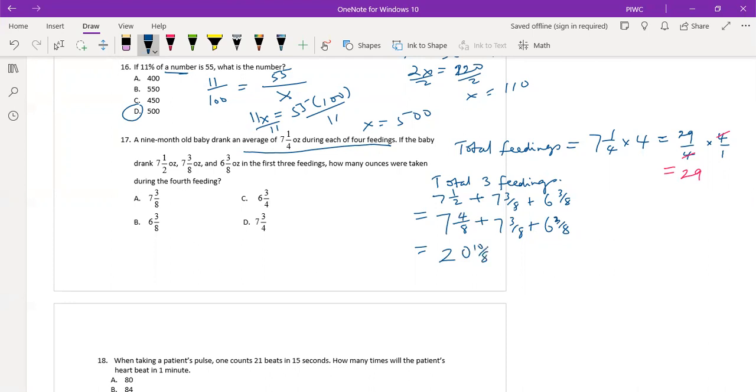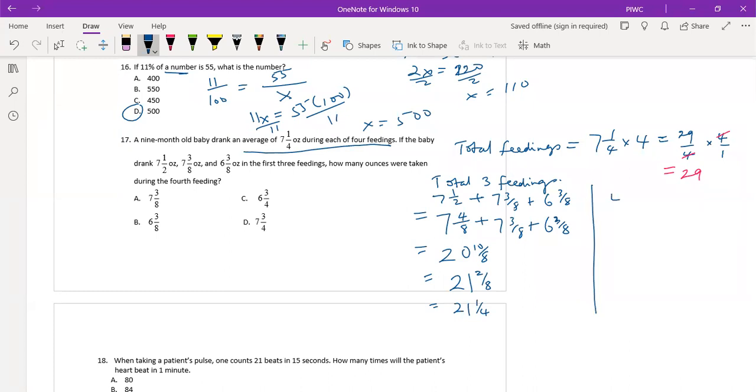So since this is an improper fraction, I divide 8 into the 10. That will give us one whole number, 2 out of 8 left, right? So it's going to be 21 2/8, which is the same as 21 1/4. Okay, 21 1/4. That'll be for the 3 feedings.